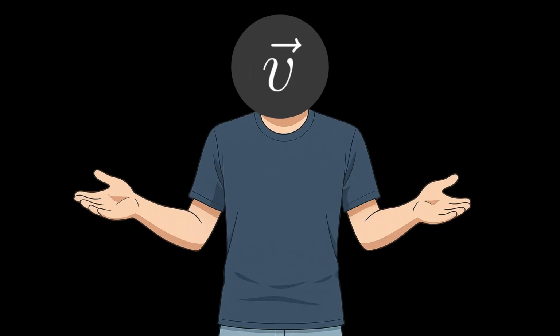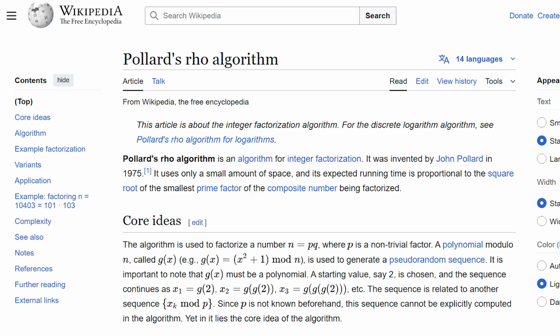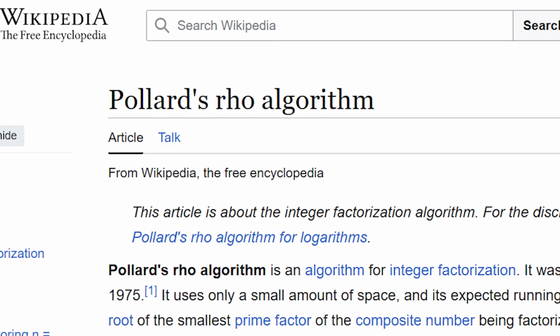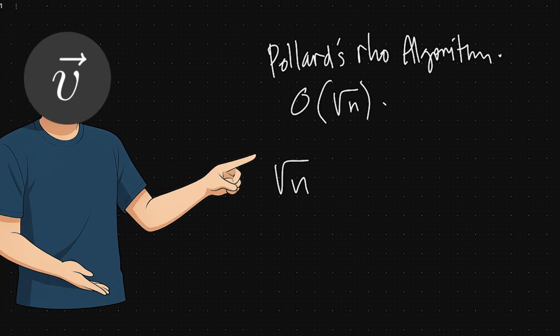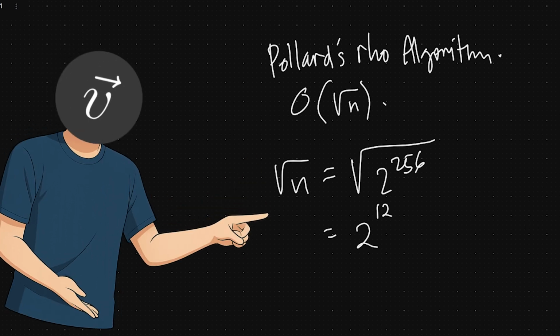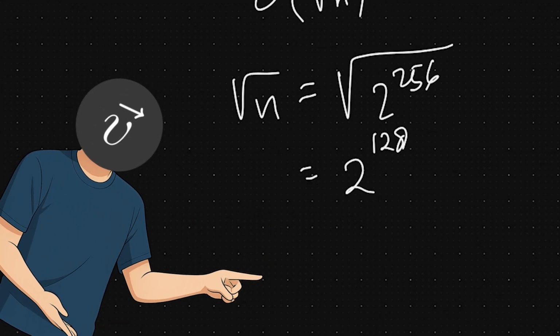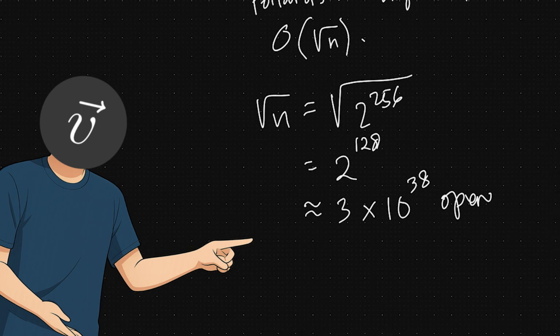The fastest known method for solving P equals K times G is Pollard's rho algorithm, which needs about the square root n operations. So for 2 to the power of 256, you need about 2 to the power of 128 operations, or 3 times 10 to the power of 38 operations.